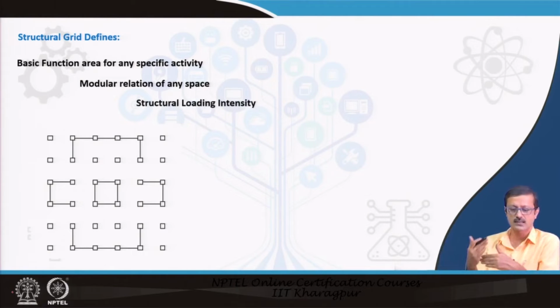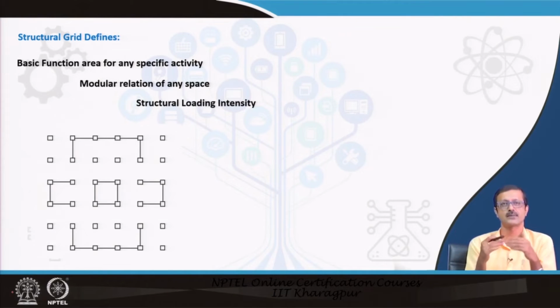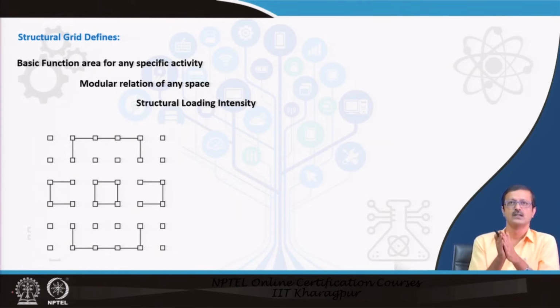Then there is the structural loading intensity. Yes, depending upon the loading intensity you can decrease the grid. Suppose you are expecting very high loading in a particular area. Maybe, if I say, in the upper floors you have a library. The library has a lot of load, the live load in the library is too high because of the books and all.